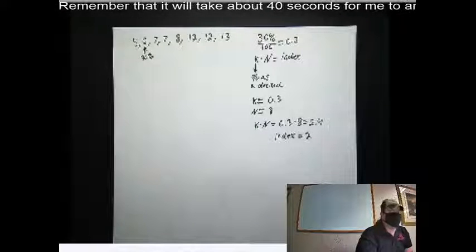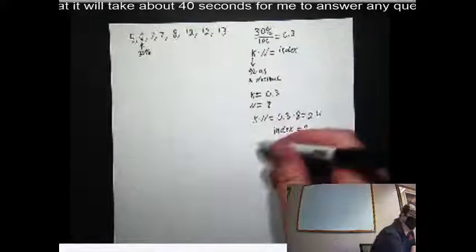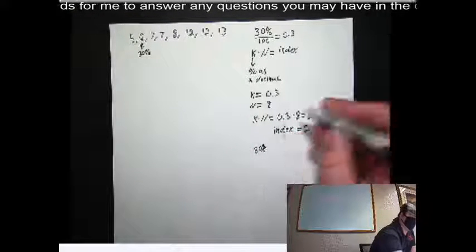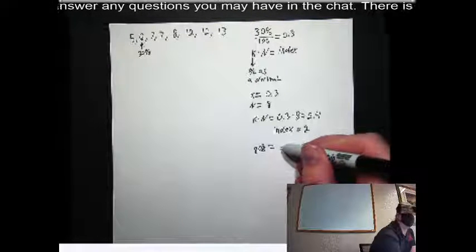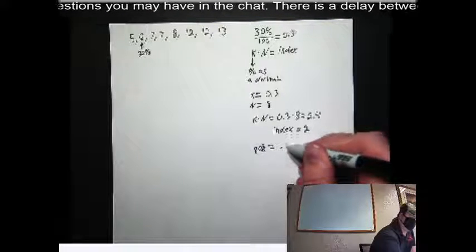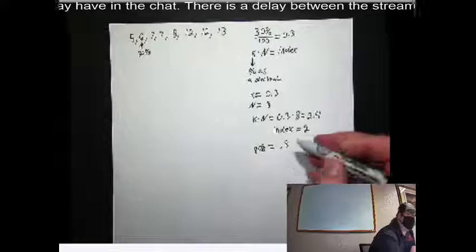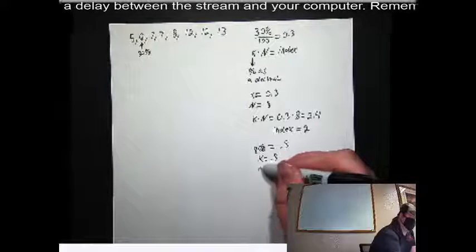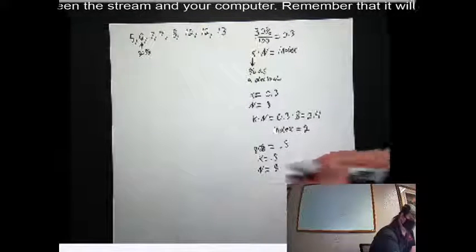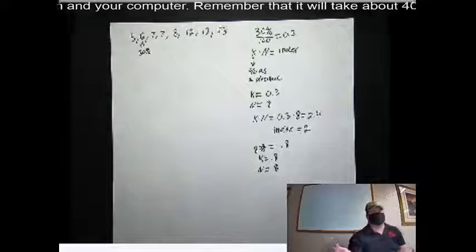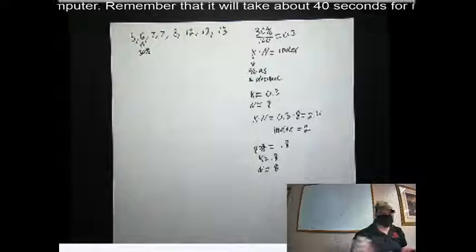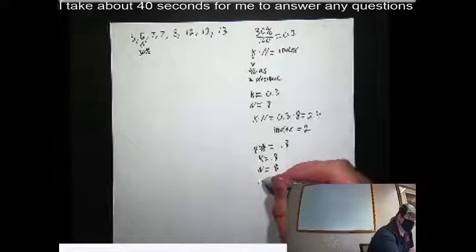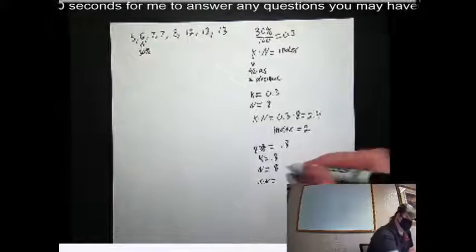Let's try to find something like the 80% mark. So 80% as a decimal is what? 0.8. So that's our k. What's our n? 8. So k times n, 0.8 times 8 is going to give us 6.4.